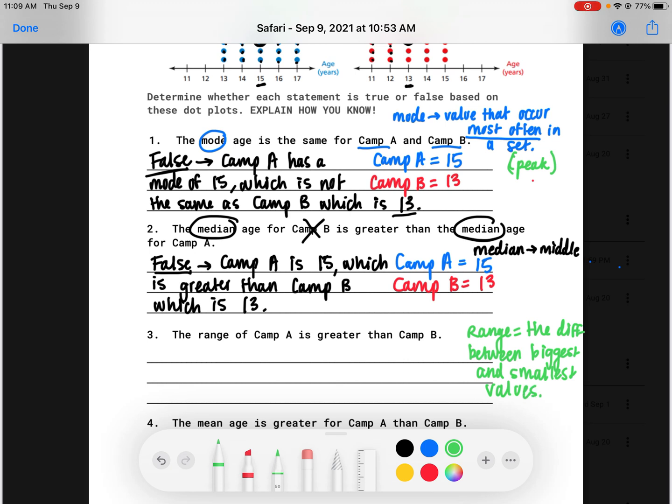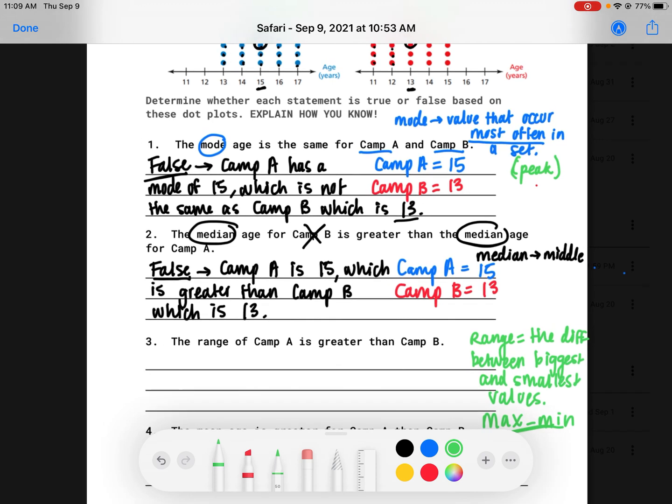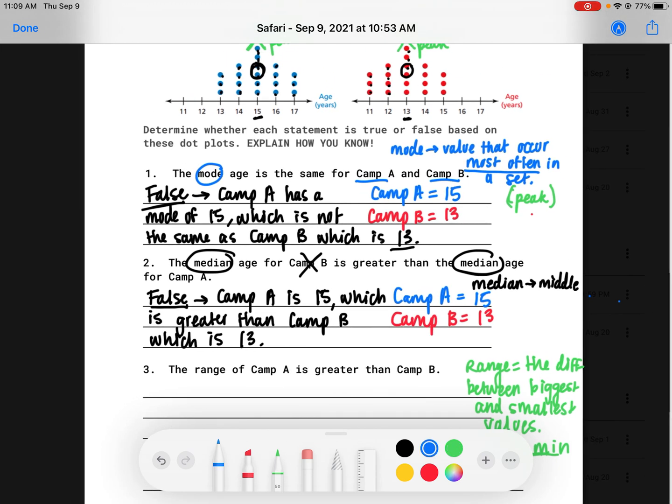We find range by doing the maximum, the biggest value, minus the minimum, our smallest value. For camp A, our biggest value is 17 and our smallest is 13. 17 minus 13 gives me a range of 4. For camp B, my biggest value is 15 and my smallest value is 11. 15 minus 11 also gives me 4.